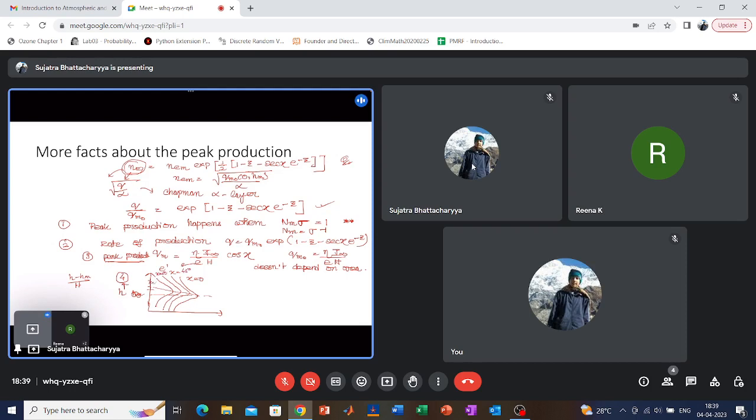This is for χ equal to 0, this is χ for 45, this is χ for 60, and this is χ for 75. Now see, as in χ equal to 0, the height of peak production is minimum. Minimum means at low altitude we get peak production.